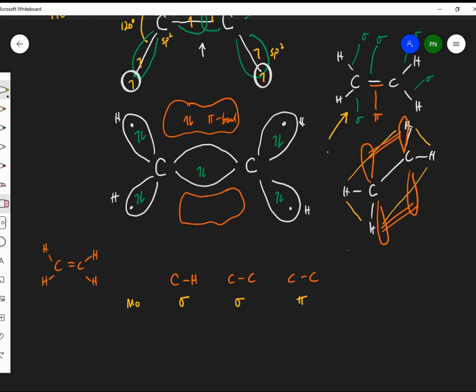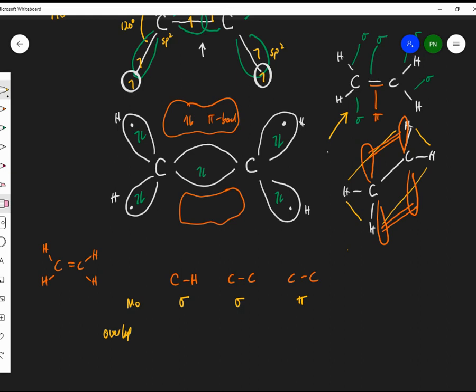Now, what made them, though? What's the overlap? The overlap to make the CHs was between what and what? Nitrogen has rotational symmetry. What? No, it doesn't, because there's pi bonds. If you look at it along the bond axis, it doesn't have rotational symmetry.